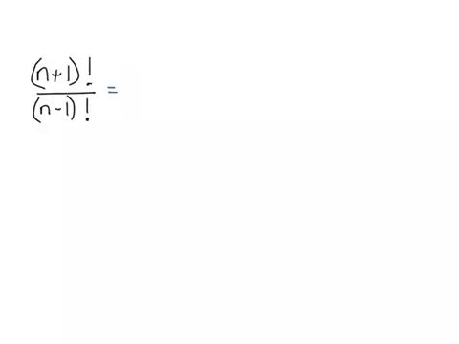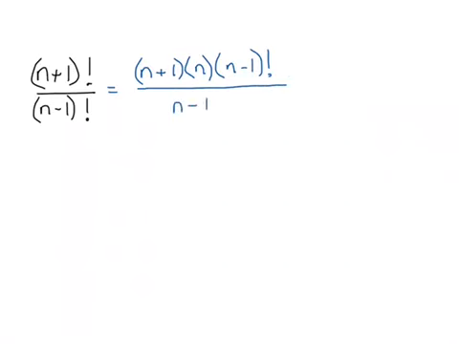If we look at n plus 1 factorial, that would be the same as an n plus 1. As we discovered, 1 less than n plus 1 is n. 1 less than n is n minus 1. Now, at any point in time, I can put my factorial back in place, and the rest of it will take care of itself. I choose to do this at the n minus 1 factorial because, just like we had with the last problem, with a 5 factorial on top and a 5 factorial on bottom, all the 5s would cancel, the 4s would cancel, the 3s would cancel, 2s would cancel.